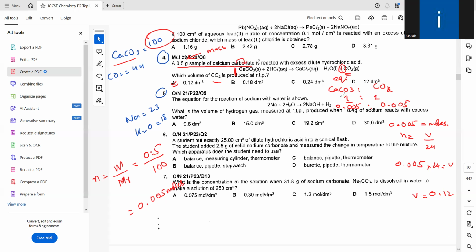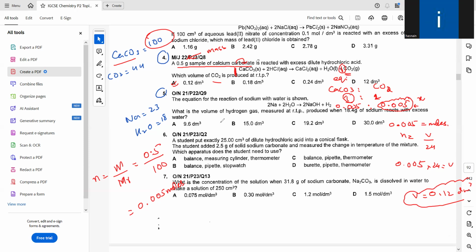If I don't see anything, that's one. So I wrote one for CaCO3 and one for CO2. Then I used the ratio proportion technique to find the moles of carbon dioxide, X. Then I just multiplied by 24 and had this answer. Do you understand? Don't be shy. You can ask as many questions as possible. Is this understood?